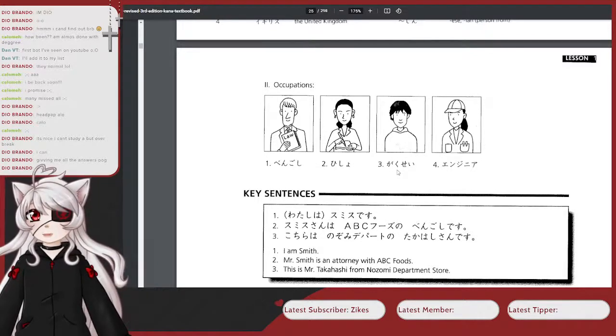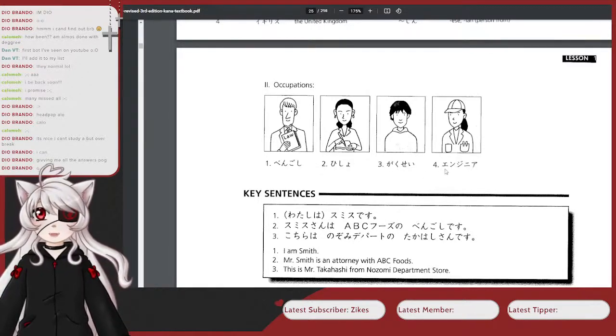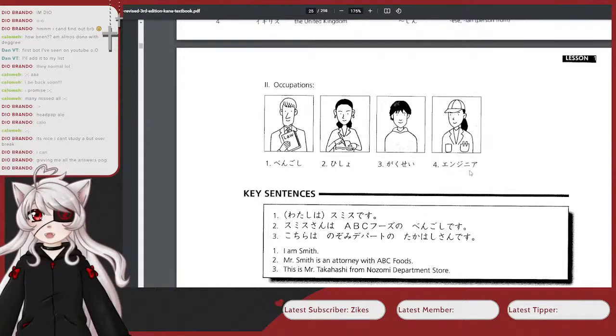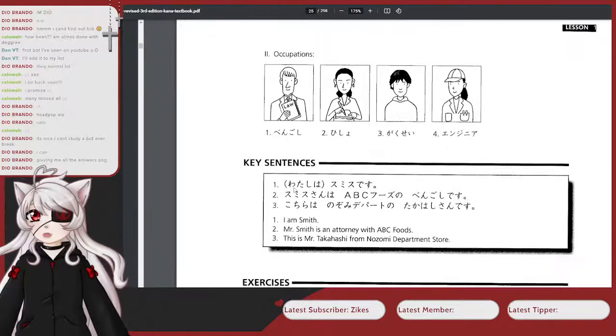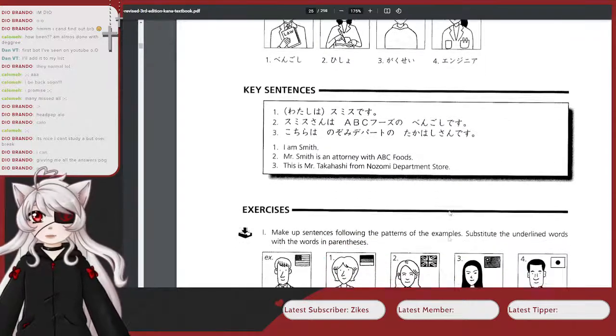And then a gakusei, student, and an engineer. Fortunately, plenty of them sound quite like English. So key sentences: watashi wa Smith desu, so I'm Smith. Then Smith-san wa ABC Foods no bengoshi desu, so is an attorney with ABC Foods. And then kochira wa Nozomi Department no Takahashi-san desu. Alright.